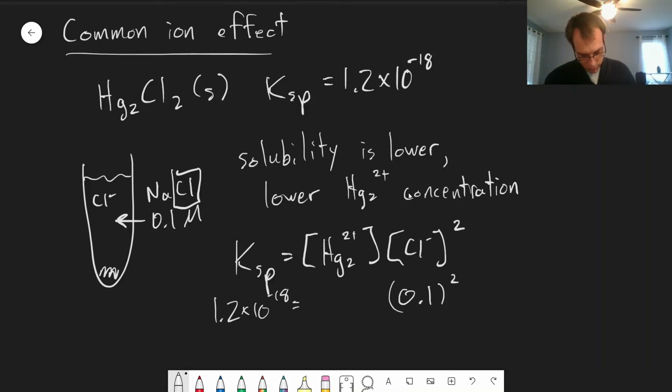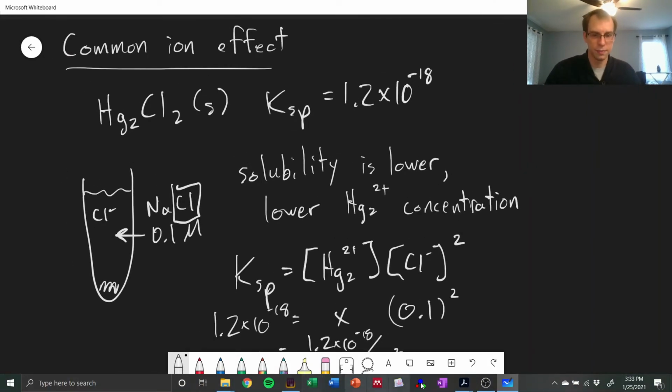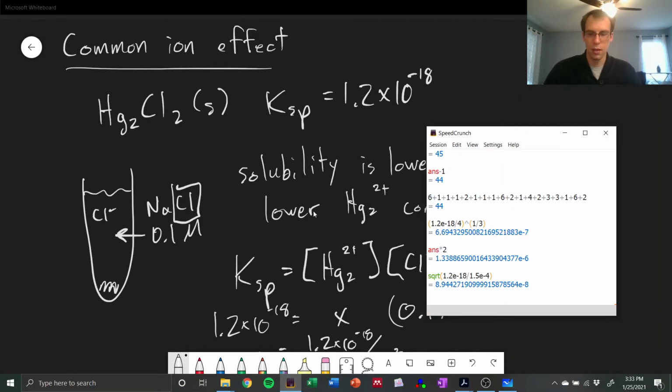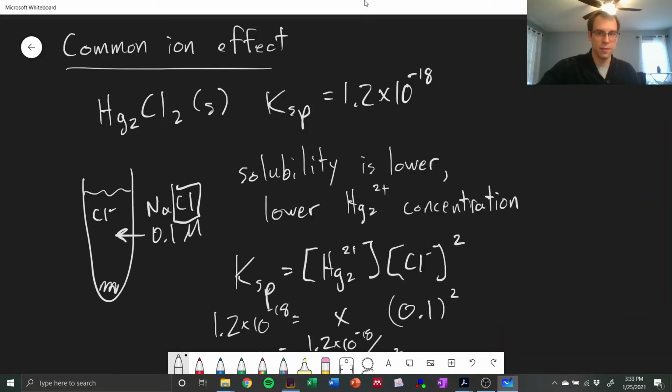That will leave X here, and we can solve for this X, and we're going to get a very small number. So X will be equal to 1.2 times 10 to the minus 18 divided by 0.1 squared. Let's again enter that into the calculator. 1.2 times 10 to the minus 18 divided by 0.1 squared. That gives 1.2 times 10 to the minus 16.